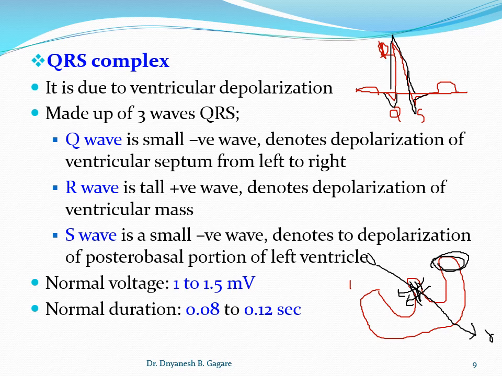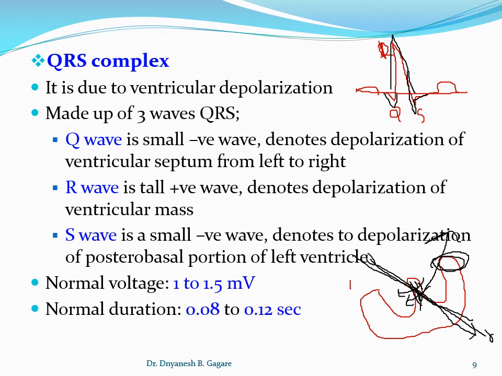Okay, and here at the end of depolarization, for a fraction of a second, the direction of the resultant vector becomes like this, in this direction. This direction is opposite to our main current flow, or to where we kept the electrode.